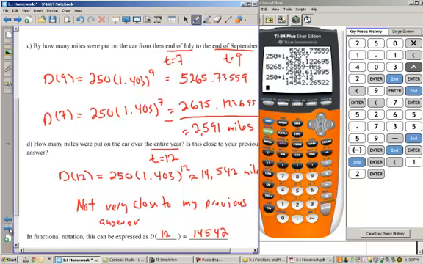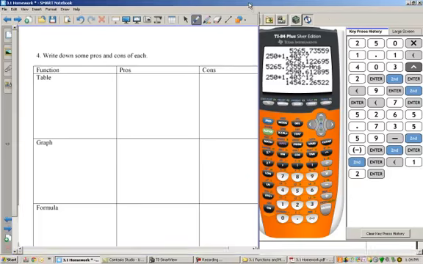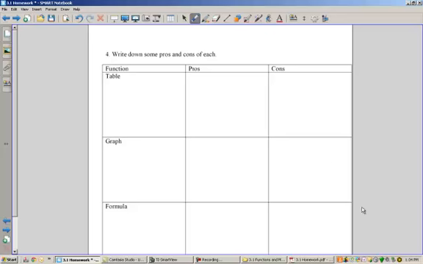And then the last part here is to write down some pros and cons of each. So we want to compare and contrast these three different ways of understanding what a function is: a table, a graph, and a formula.